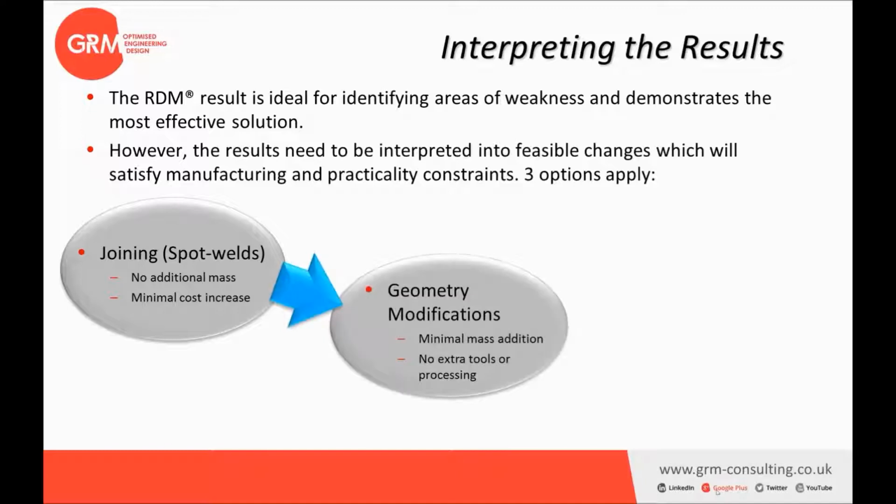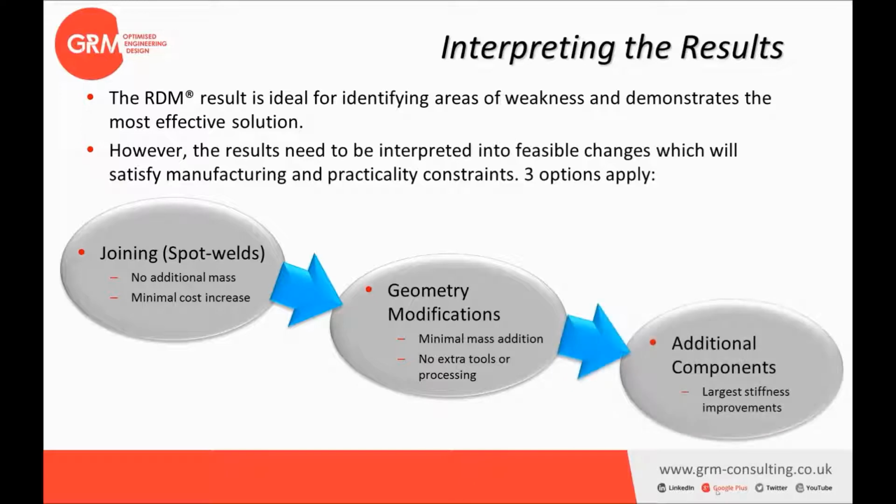The second option is to modify existing parts to improve the load flow between those parts. And finally, the other solution is to add a new component that was not present before the RDM, which usually improves the stiffness a lot, but then will also add some mass to the structure.